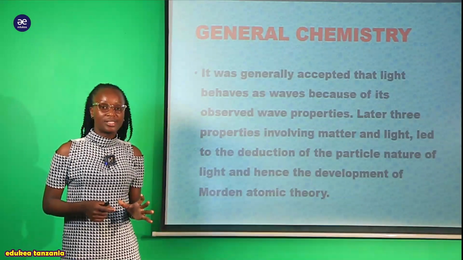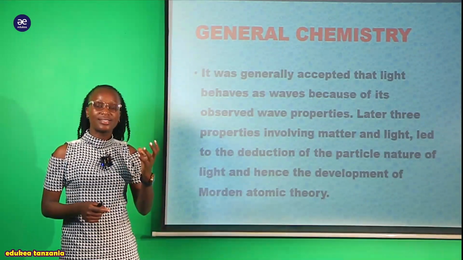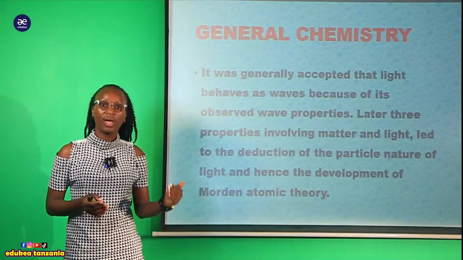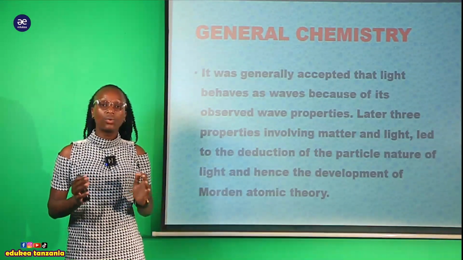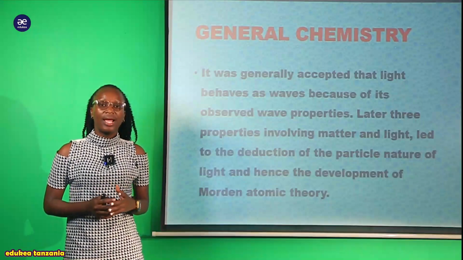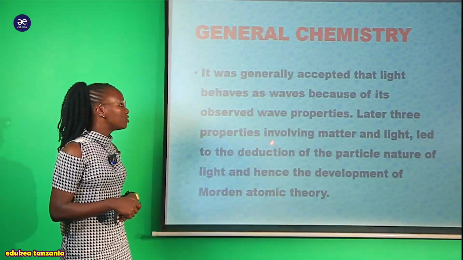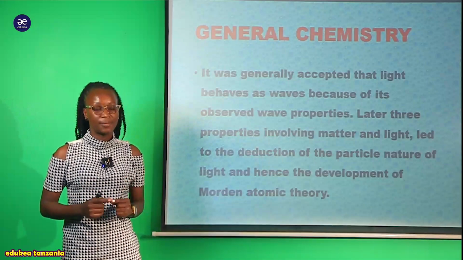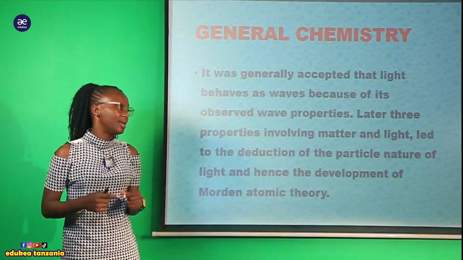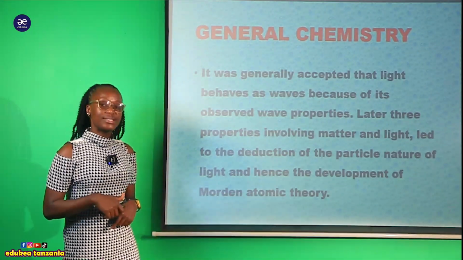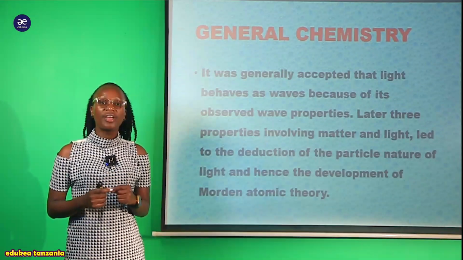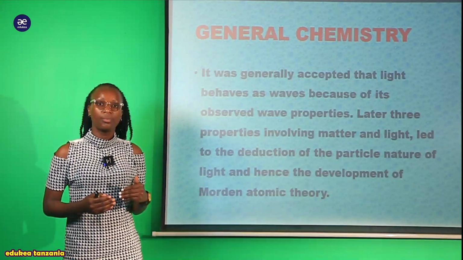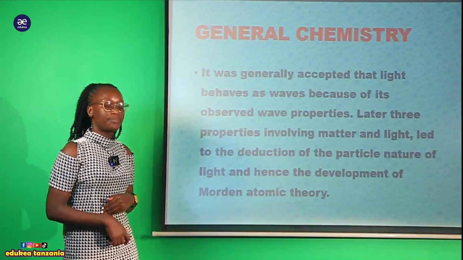Kwamba at the end of this assumption of these ideas, of this observation of these properties of wave and light looking the same or similar, there was development of three properties involving matter and light. And this particle nature obviously led to the development of the modern atomic theory.